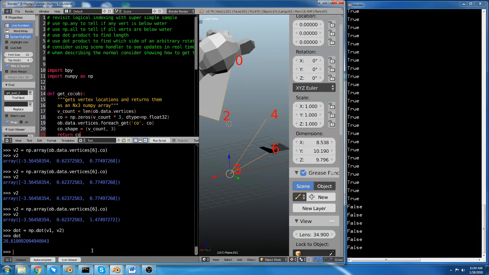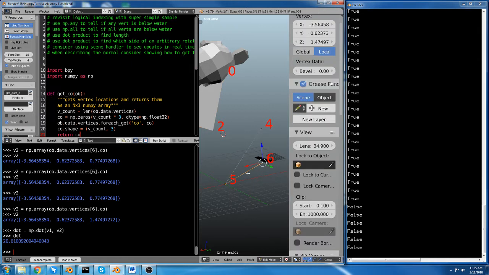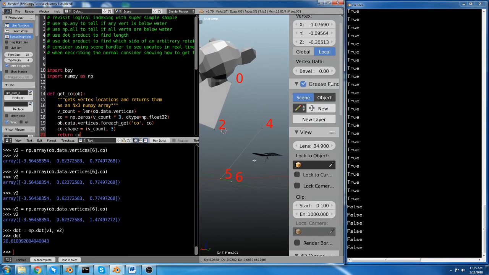Well, dot is this new single value of 20, and it means something, and it relates to the relationship between these two vectors in some way, but how is still unclear. Well, what happens if we move this down to where it's on the other side?